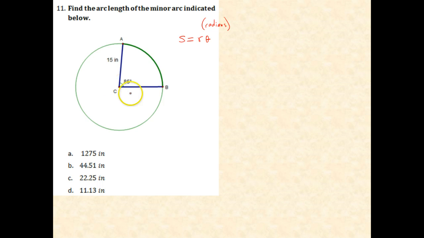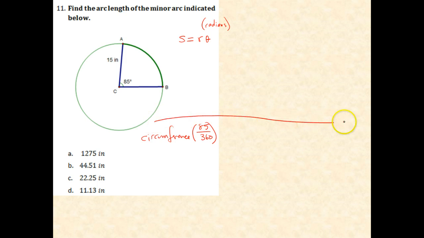Or we can find the circumference and multiply that by the portion of the circle. So in this case it would be 85 over 360. And I'll do both so that you can see that they both work.